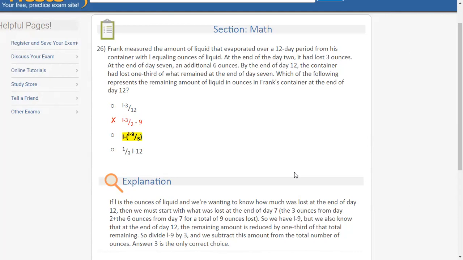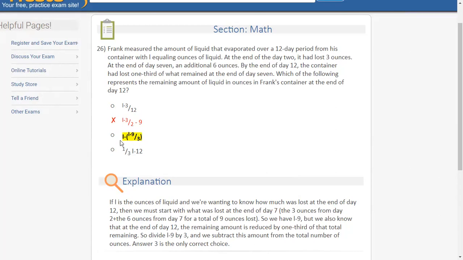Answer 3 is the only correct choice because the total amount is L, and L minus 9 is gone during the first 9 days. Then the remaining amount is 1/3 of that lost quantity, so we'll have to divide by 3.